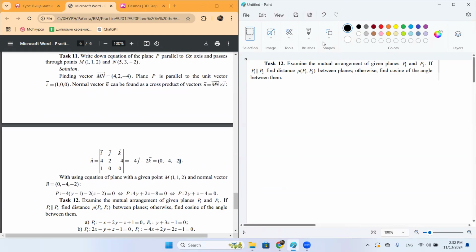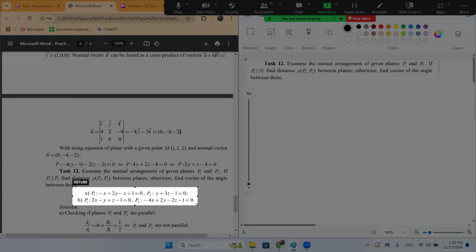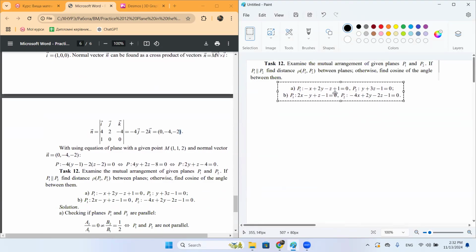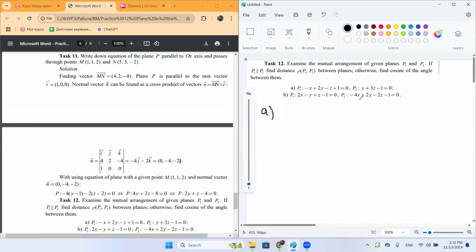If not, the cosine of the angle between them. I forgot to copy and paste the conditions. Let's start with A. Let's be attentive. Some variables are missing, so some coordinates of the normal vector are 0.